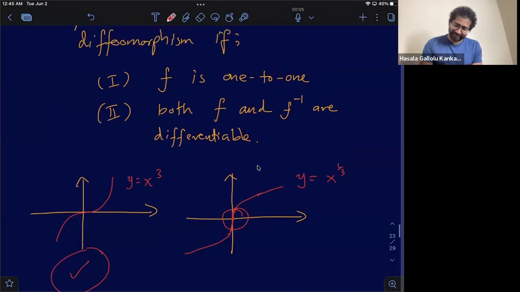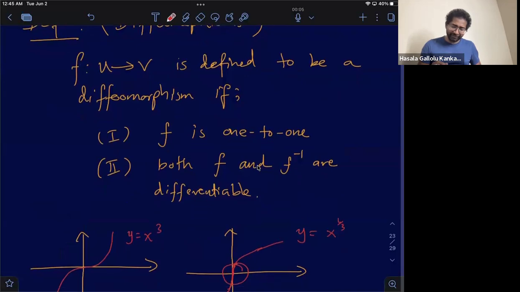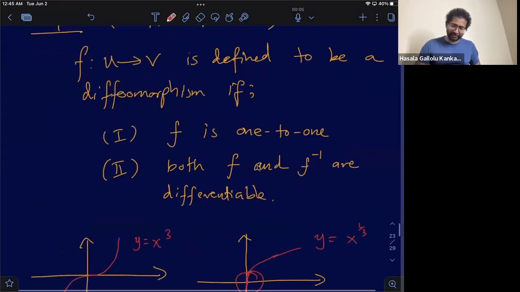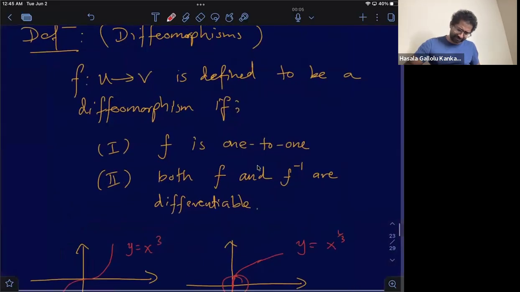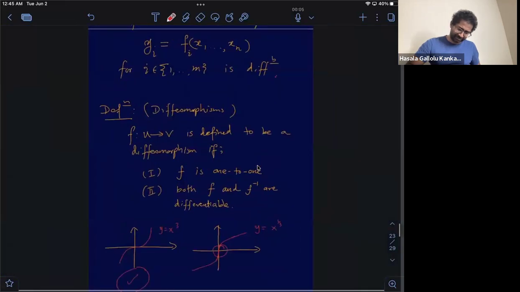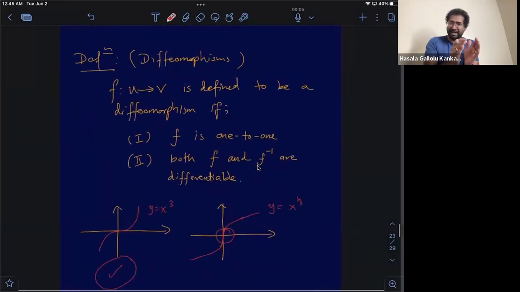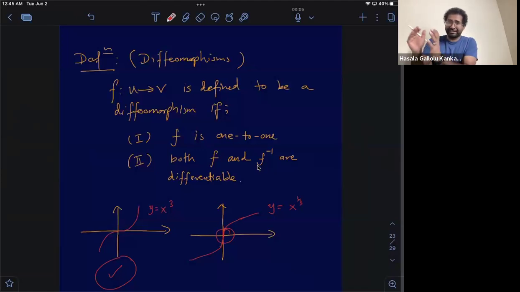So that's why both f and f inverse should be differentiable to have this perfect match of the smoothness from one space to another. We need to have differentiability in f and f inverse both.